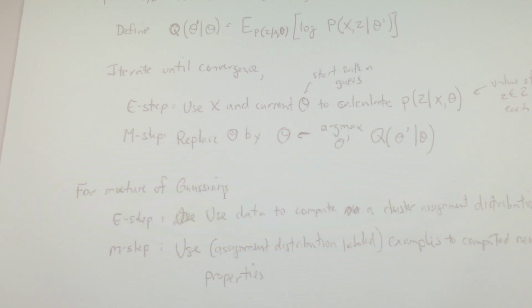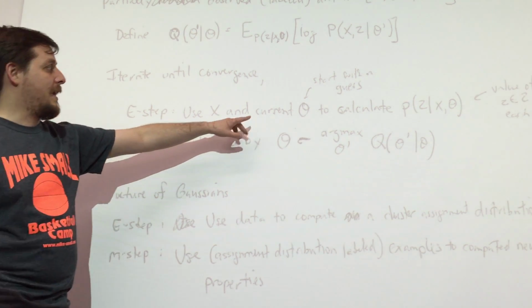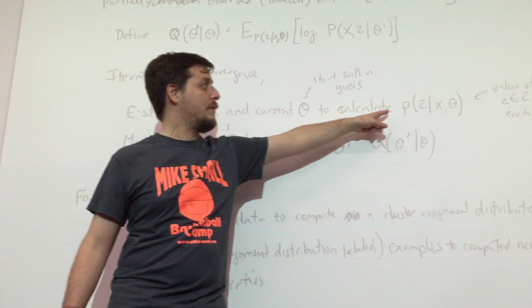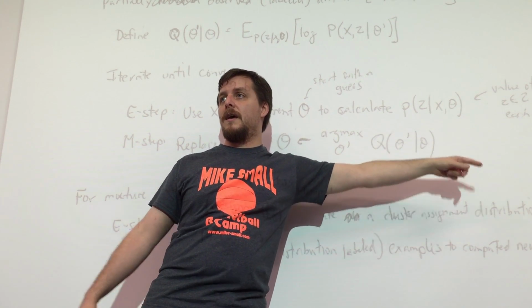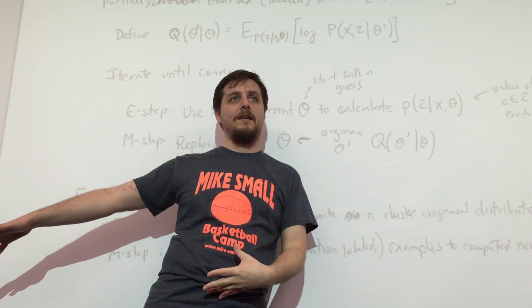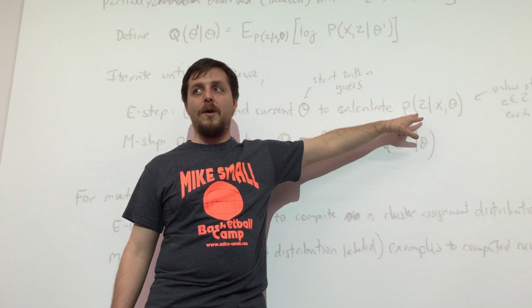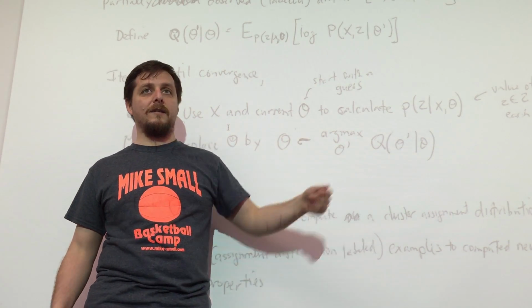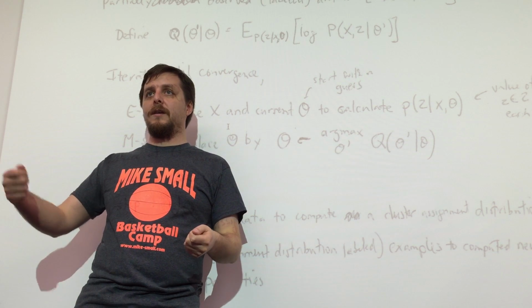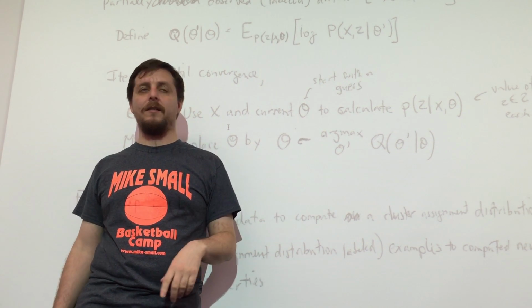The only thing I'm going to say about EM at this point is the summary. We use the current parameters and my x's to compute the probability of the hidden variable given my observations and my current parameters. Then based on that probability, I put a weight on every point and estimate my parameters, given the likelihood of the data.